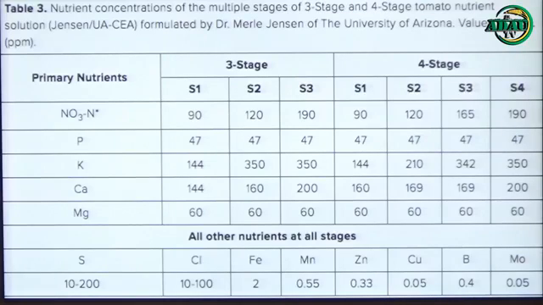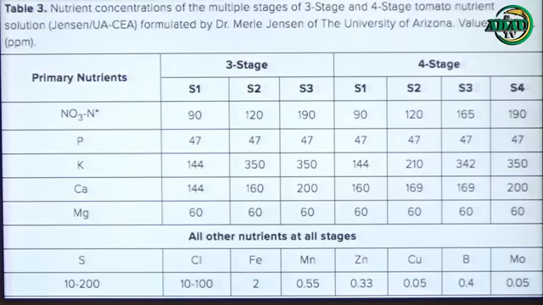And as you could see, it's prepared in two versions for 3-stage and 4-stage hydroponic application. Here, all the primary nutrients have been shown, and the amounts of each nutrient per stage.